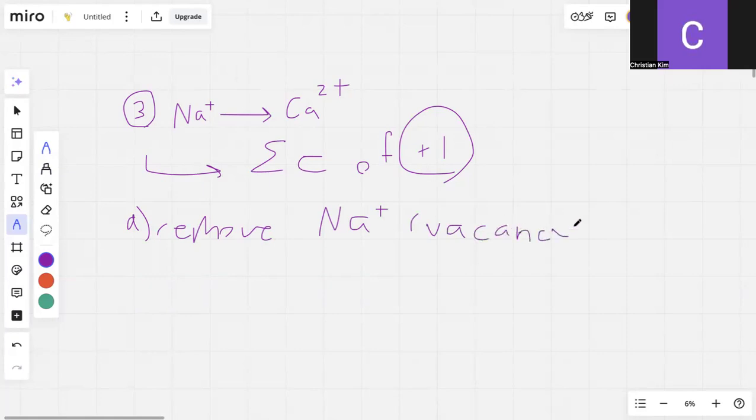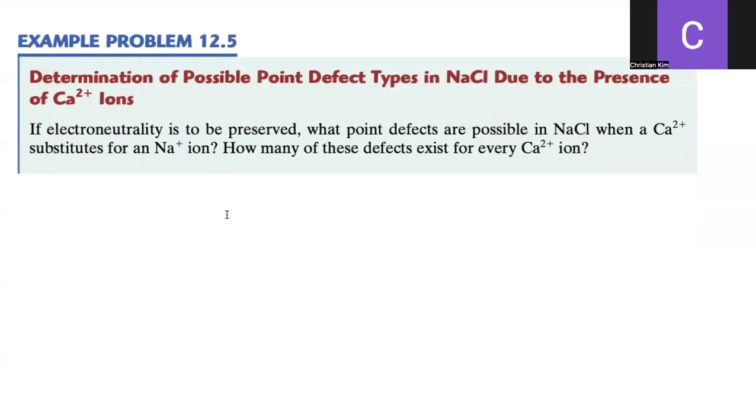And another possibility is to add Cl minus into an interstitial. So those are some possibilities that you can have. So, a relatively simple question. Next one, or next two, I guess.